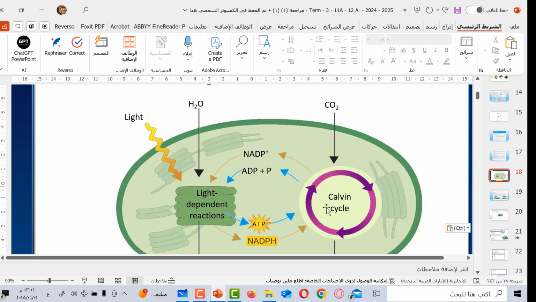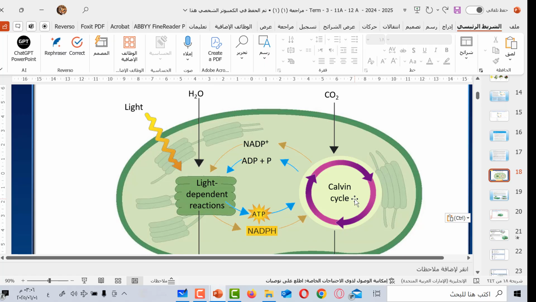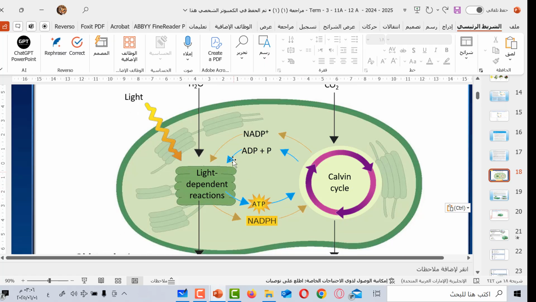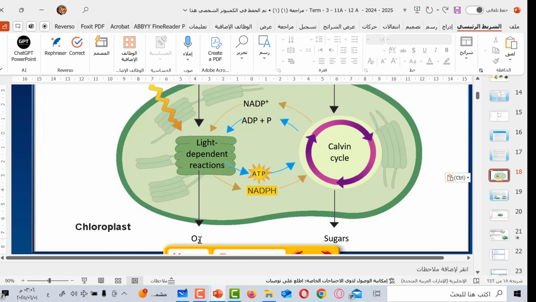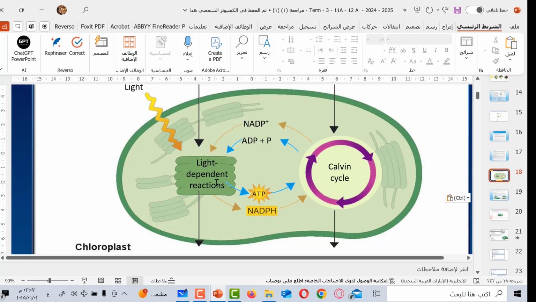But the light-independent reaction happens in the stroma. In the light-dependent reaction, it takes light and H2O and gives us oxygen as a secondary excretion of this process, not the main one.